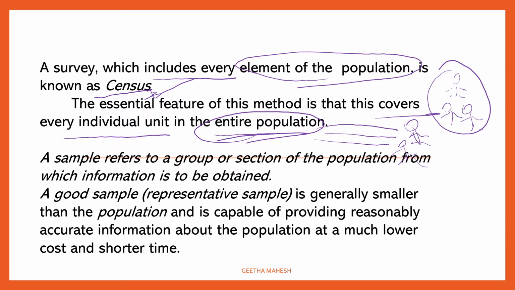And the sample is said to be a good sample only when it is smaller than the population, and it should be in a position to provide reasonably accurate information. And whenever you use a sample method, the cost of collecting information must be lower and the time taken should be much shorter.